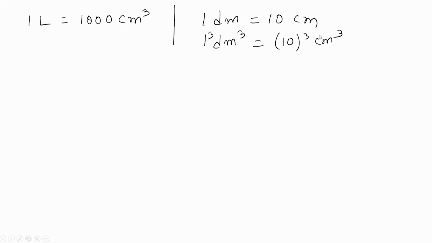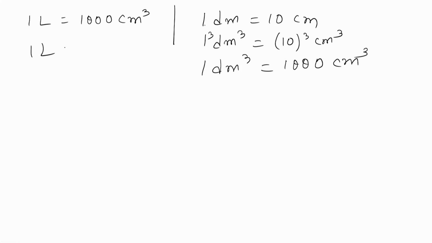Also, 1 decimeter is equal to 10 centimeter, that we have discussed in the previous lecture. So 1 decimeter cube will be 1000 centimeter cube, right?